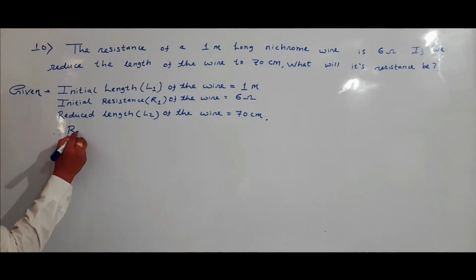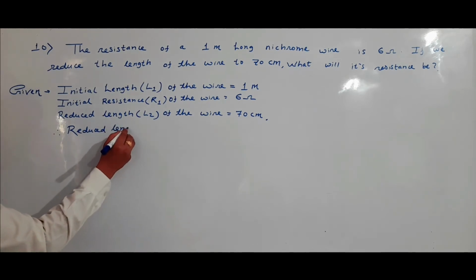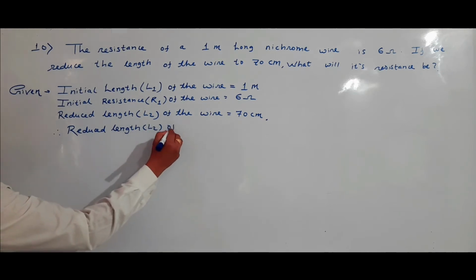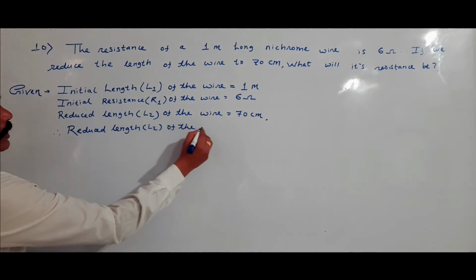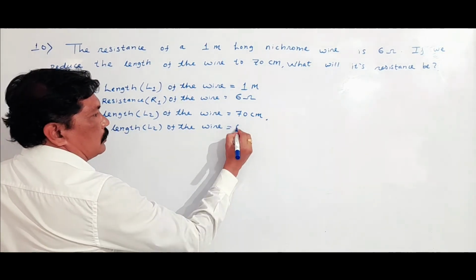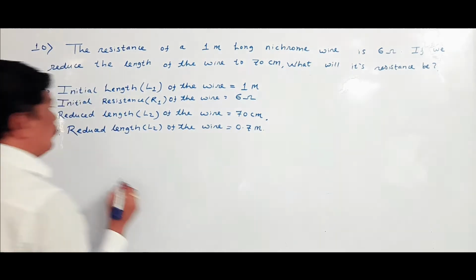Therefore, reduced length L2 of the wire is equal to 0.7 meter.